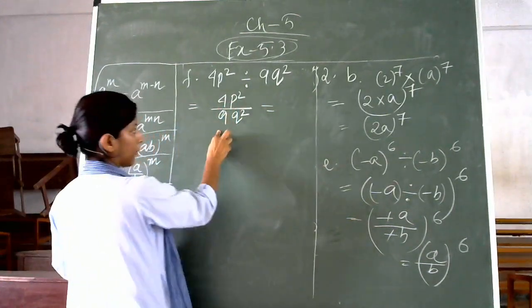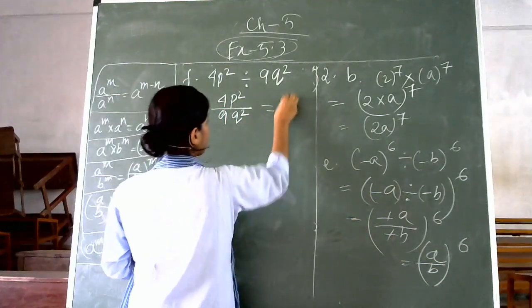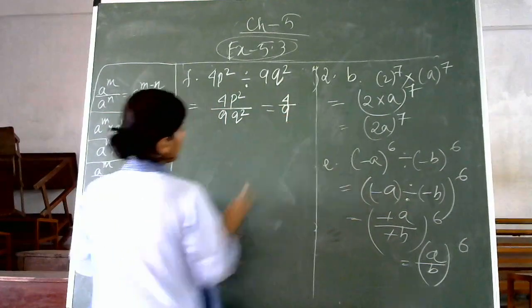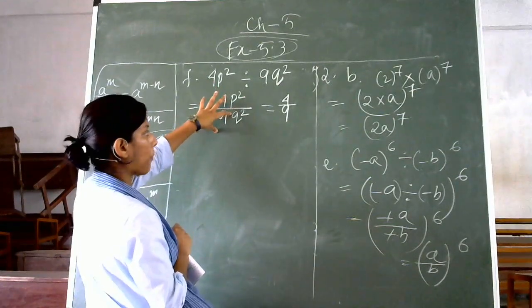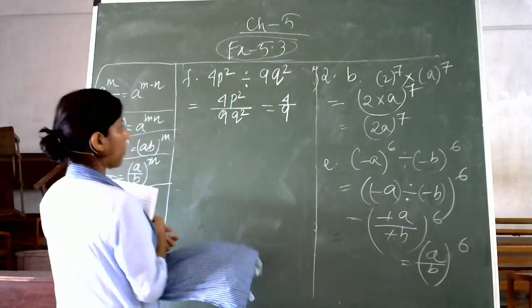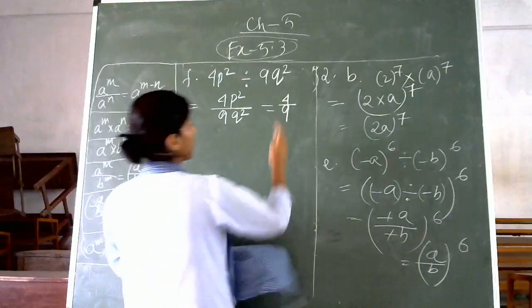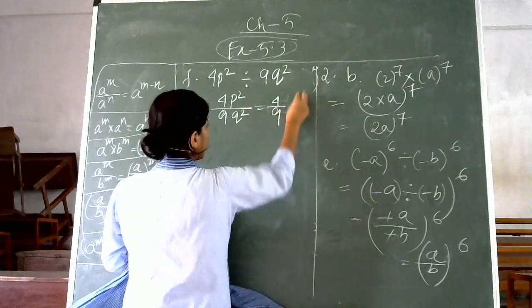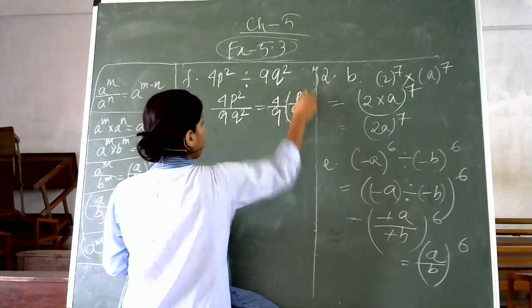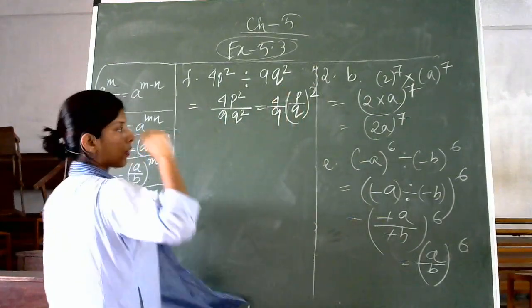Now 4 by 9 we will be keeping as it is. Now you see here p, what is the power of p? 2, right? And q also the power is same, q square, same power, right? So in that case, since the power is same, I can write it like this, p by q whole to the power 2. Okay?